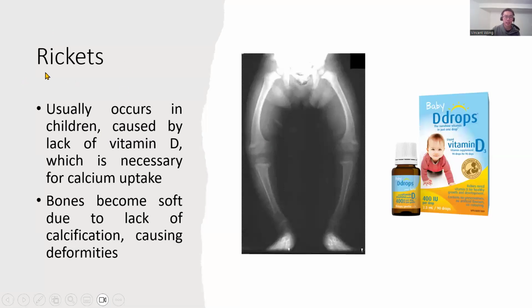Okay, there's another condition called rickets. Again, if you have kids, you would know. They recommend giving kids vitamin D, and it comes with these D drops. You're supposed to give them a drop every day to supply vitamin D. Vitamin D is necessary for your body to absorb calcium.